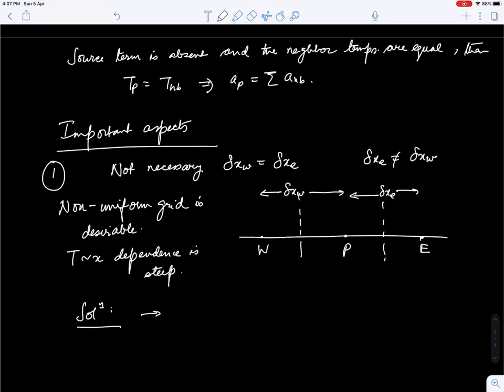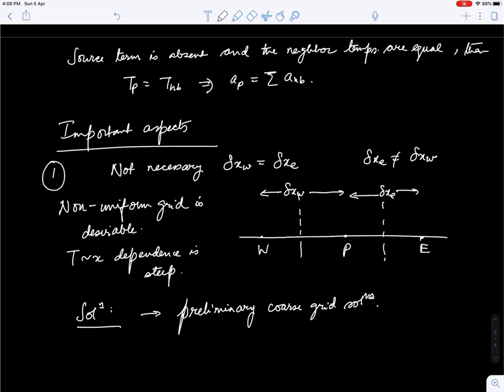So what we can do in this scenario is first obtain very preliminary coarse grid solutions. These could be solutions obtained with a coarse grid which is uniform or non-uniform, it doesn't matter.